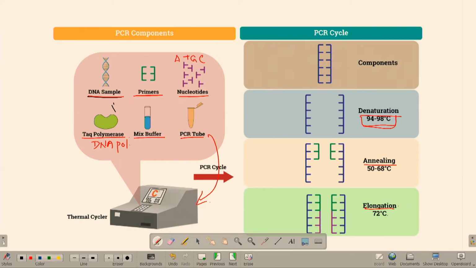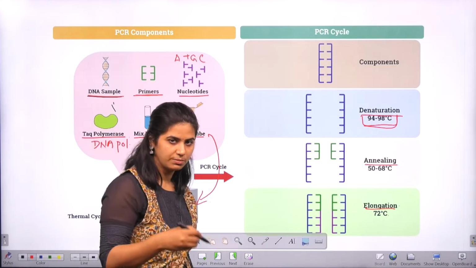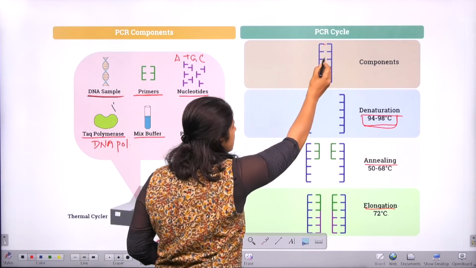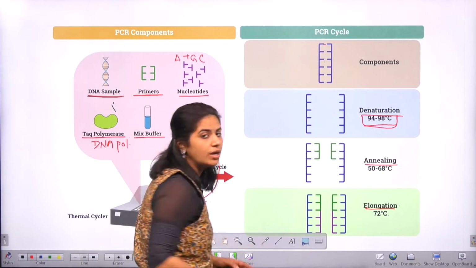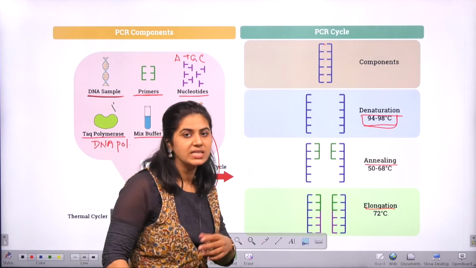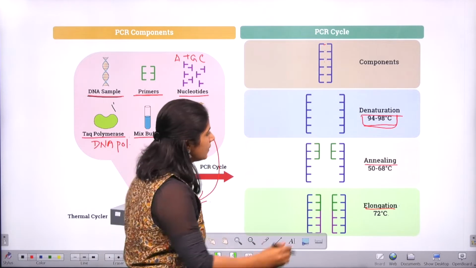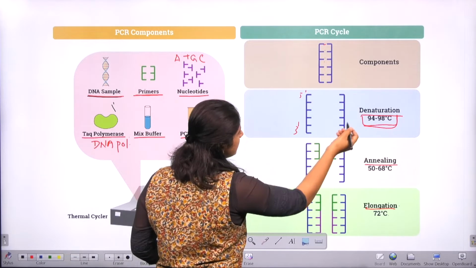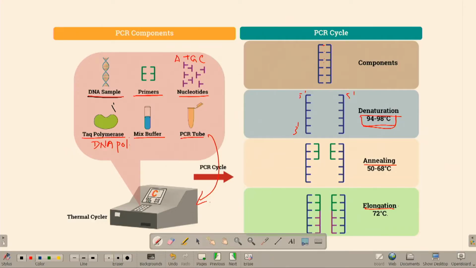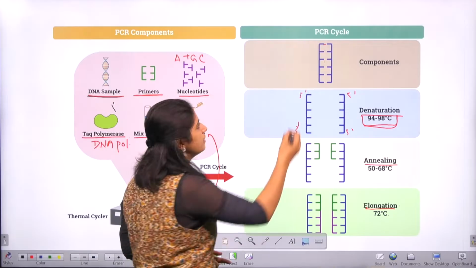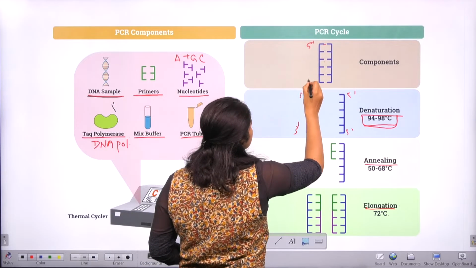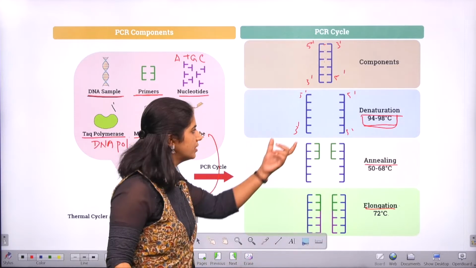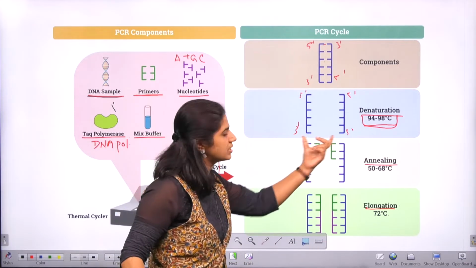The hydrogen bonds between these strands will be broken and we'll get 2 independent strands of DNA as templates, right? Now if we write, it will be in the 5' to 3' direction. Normally a DNA will be in 5' to 3' direction and 3' to 5' direction, right? For easy representation, we are making both the strands like this.